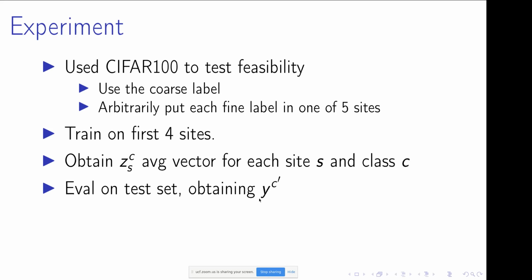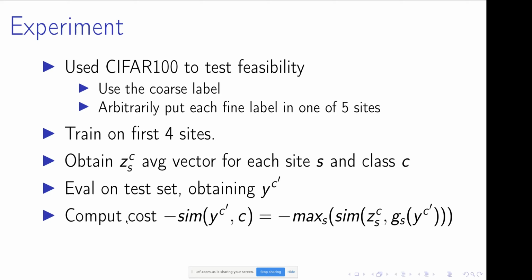So I haven't sent this through a G sub whatever. This is just sending our original sample through X, and we're getting a feature vector for each class. And then I compute a cost where the similarity between this feature vector for our unknown class versus one of our known classes is given by this function.